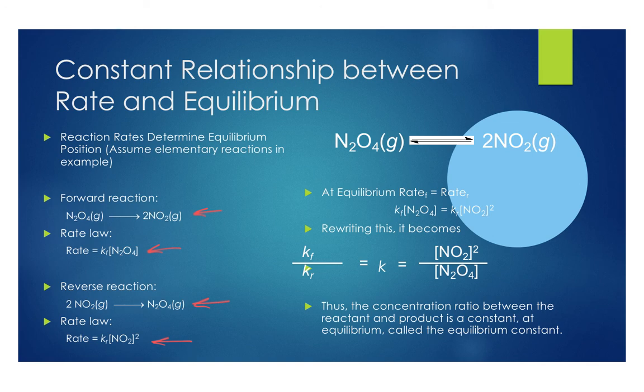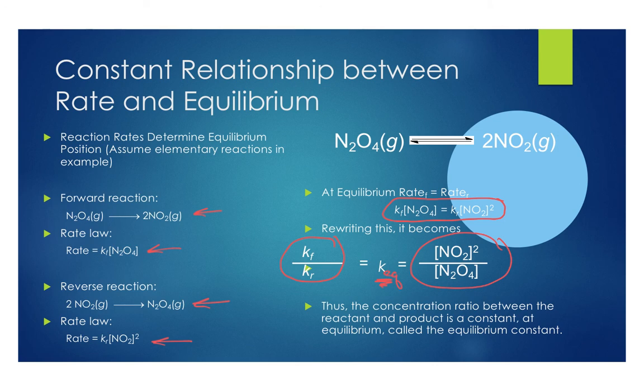We know that at equilibrium, forward rate equals reverse rate, so we can write it like this. If we rewrite this putting all the constants on one side, the forward rate constant and the reverse rate constant, and all the concentrations on the other side, we can say the forward rate constant divided by the reverse rate constant equals [NO2]² divided by [N2O4], which is another K. This K is Keq.